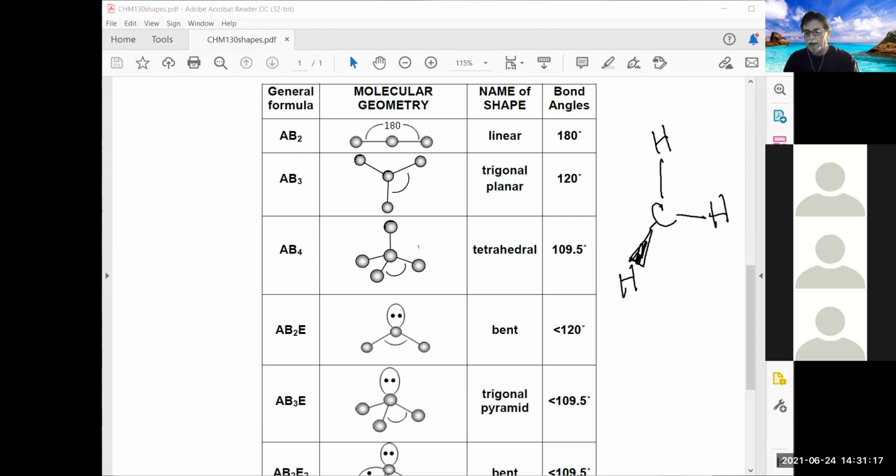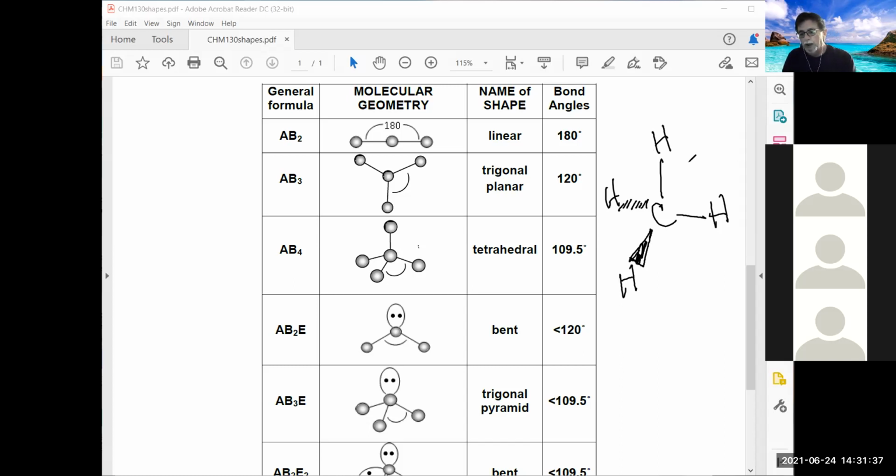Now, this wedge is coming out of the monitor, representing a hydrogen atom coming out, and this hash mark represents a hydrogen that's going toward the back of the monitor to give us this three-dimensional perspective.